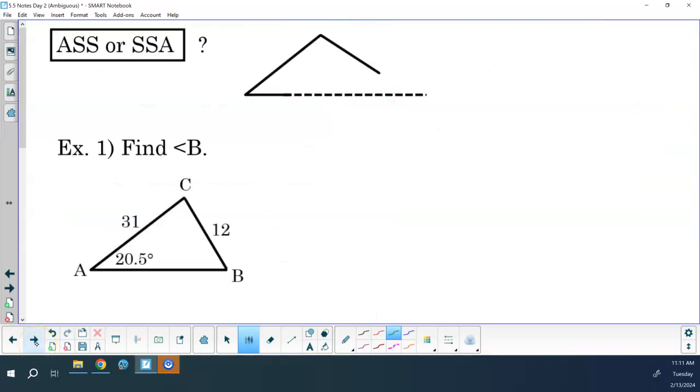You can't use your angle side side to prove that triangles are congruent. But you can be given an angle, a side, and a side in that order and asked to solve the triangle. Now, here is where the ambiguous case comes into play.